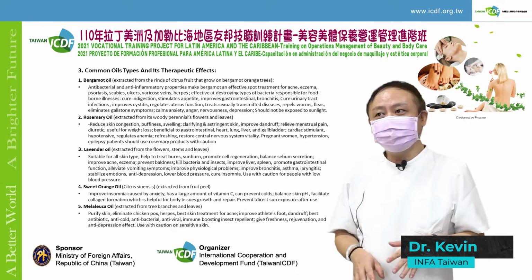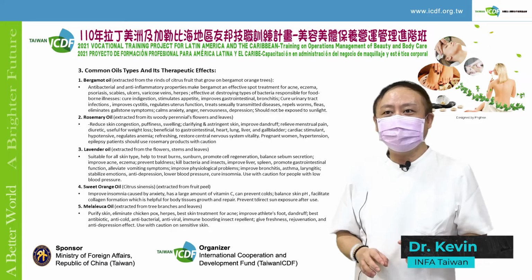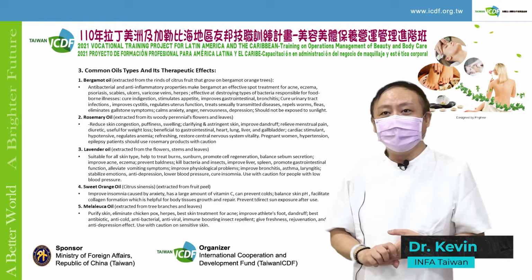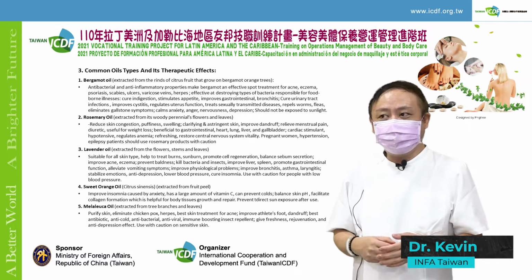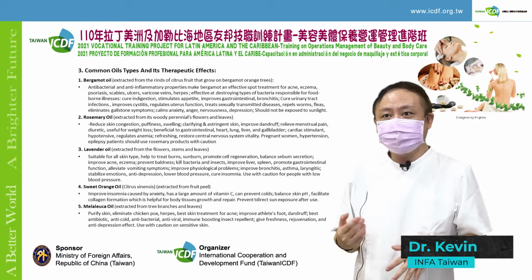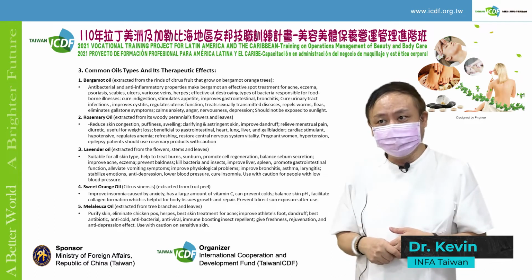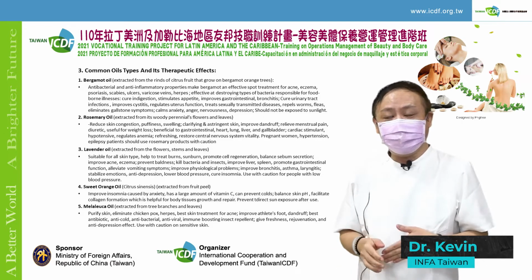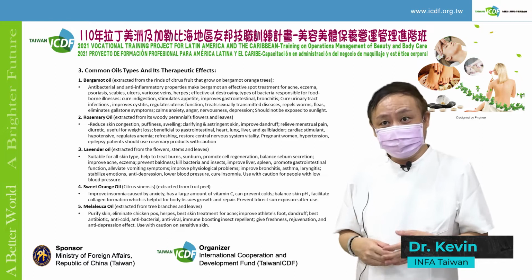Also, it is good for weight loss and as a diuretic. It's beneficial to the gastrointestinal tract, heart, lungs, liver, and gallbladder. So aside from making cuisines out of rosemary, it's also good for our bodies. It can also help lower our blood pressure and regulate anemia.